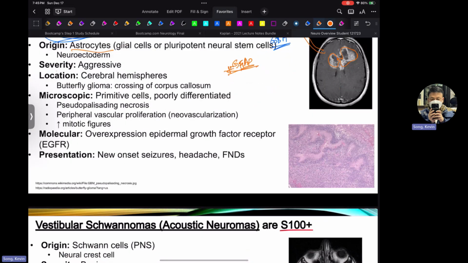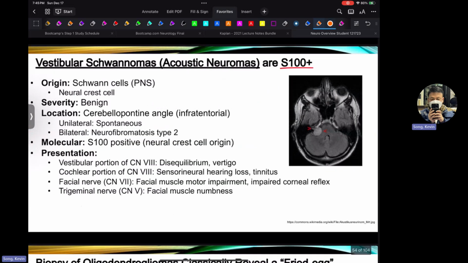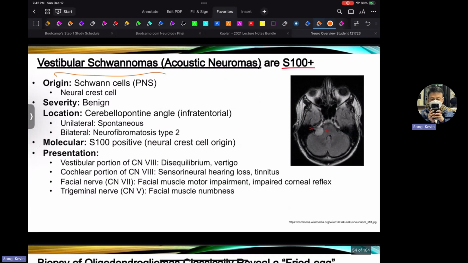And then let me see, vestibular schwannoma. This one is important because of acoustic neuroma, right? The really important thing is neurofibromatosis type 2, neurofibromatosis type 2.